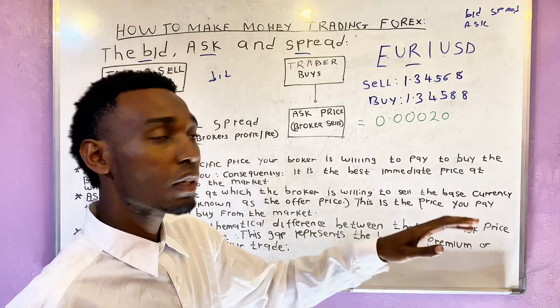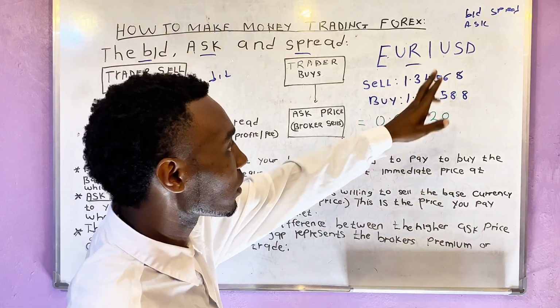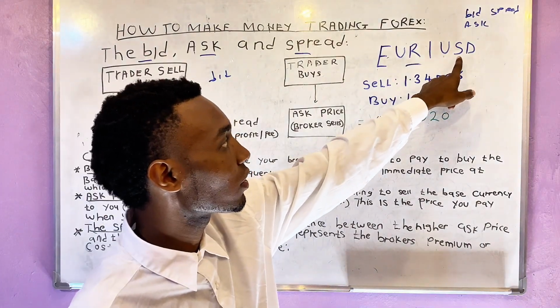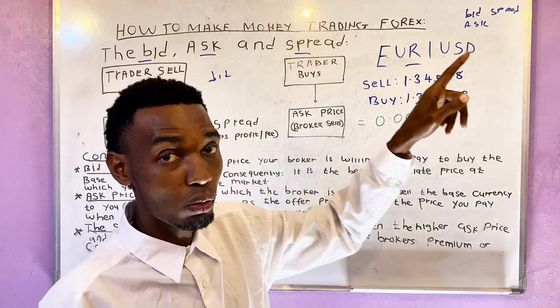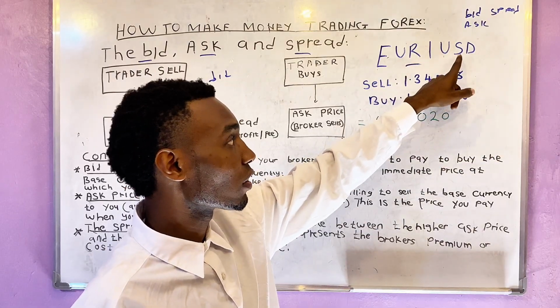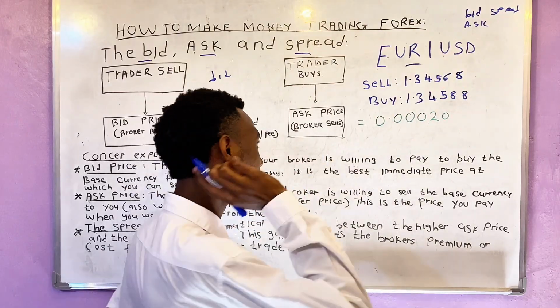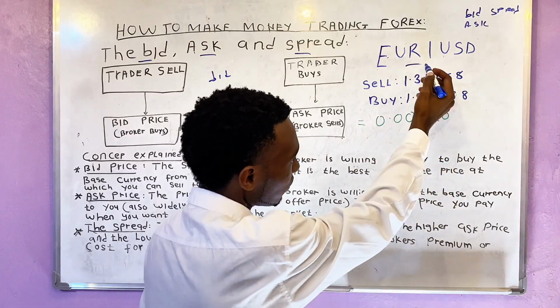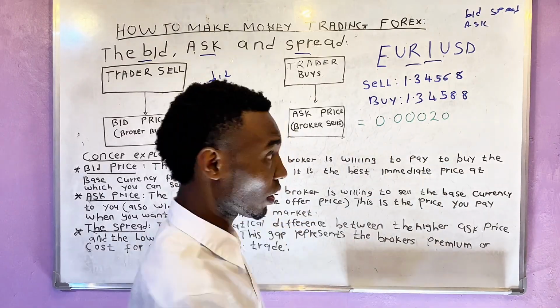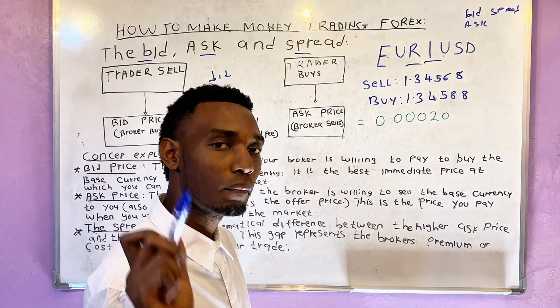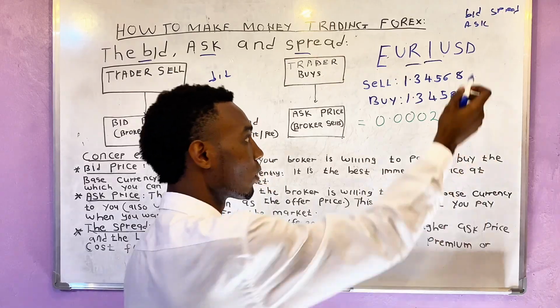Now the bid means this is the price of buying the euros. This is the price of $1. In this currency, you want to trade this currency. Now the bid is the selling price of these dollars.